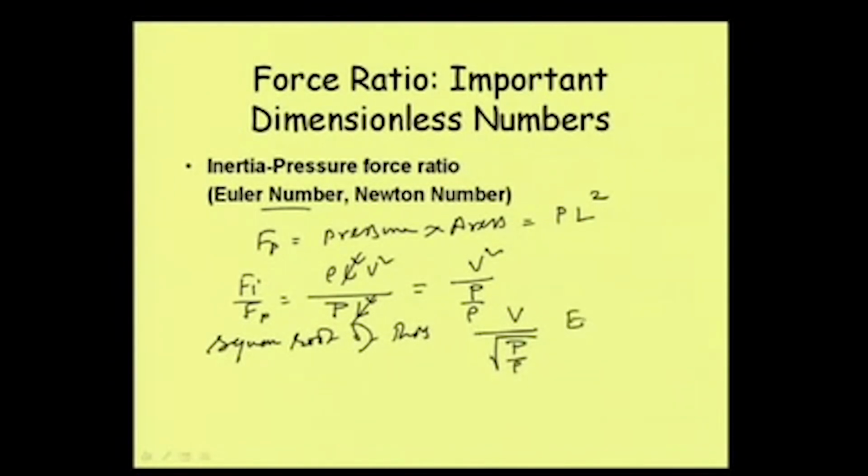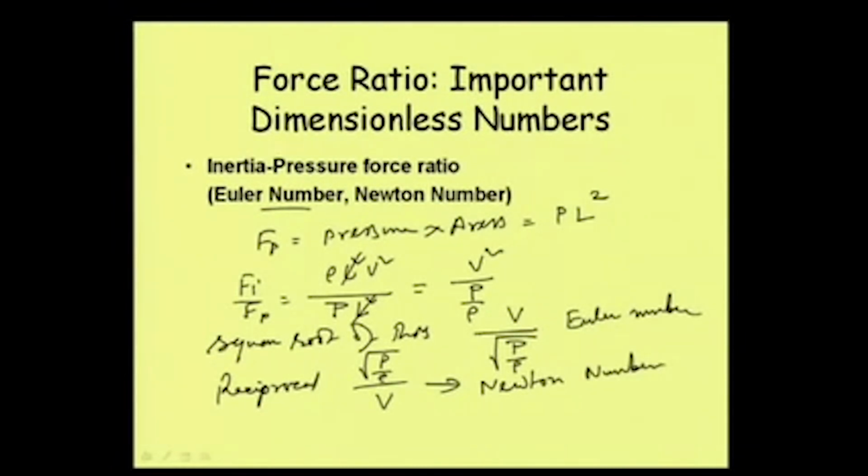This is called the Euler number. Then there is another number called the Newton number, just the reciprocal of this one: root over P by rho divided by V. This is called the Newton number.